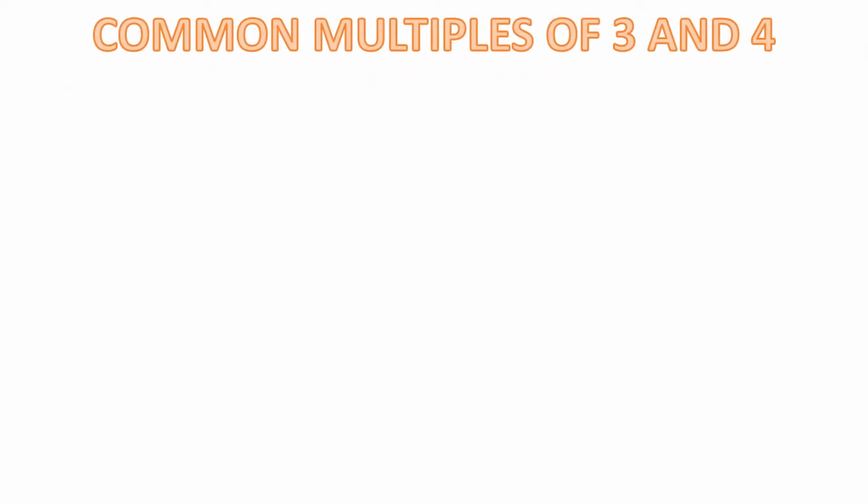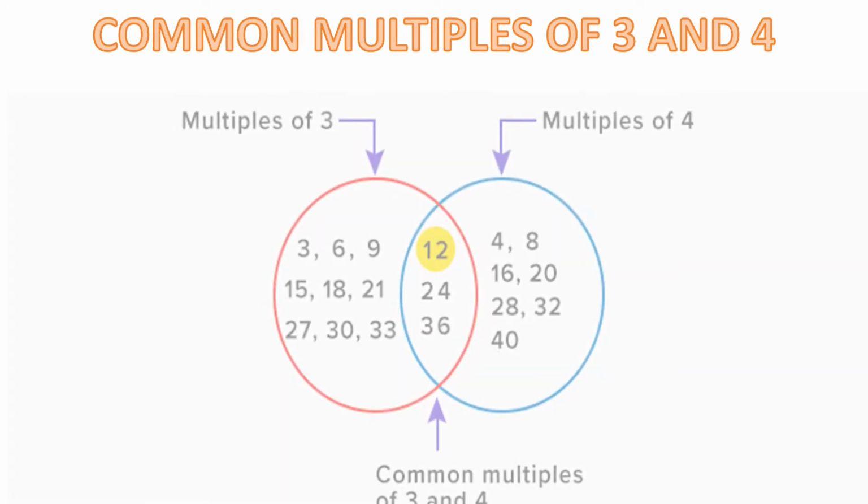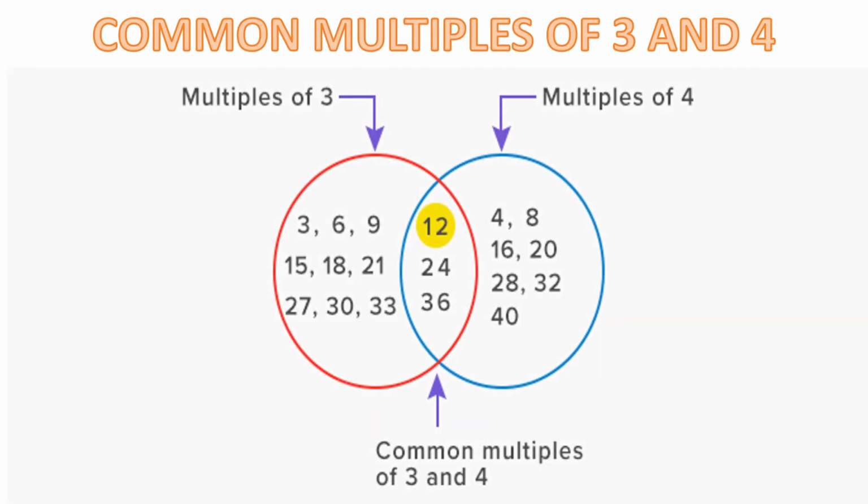Now the common multiples of 3 and 4. See, I use a Venn diagram to explain multiples. Here are two circles. In the red circle, I have written the multiples of 3, and in the blue circle, I have written the multiples of 4.